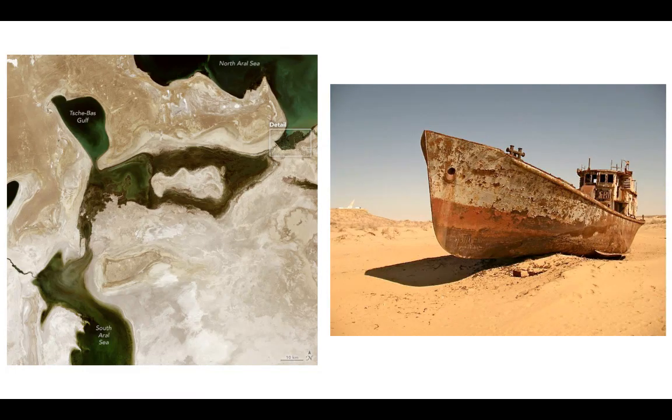And not only did it increase the salinity, but here's where the dam was, it broke up the lake into the North and South Aral Sea. And as a result, it destroyed the local fishing population, resulting in less fishermen, less employment, less money coming in.